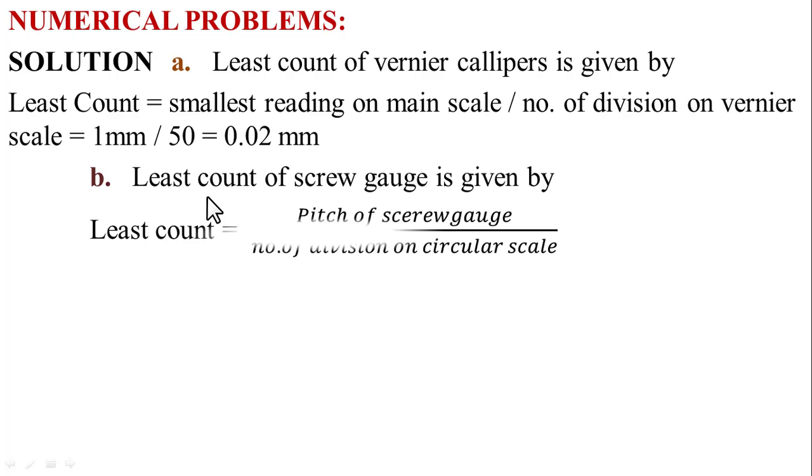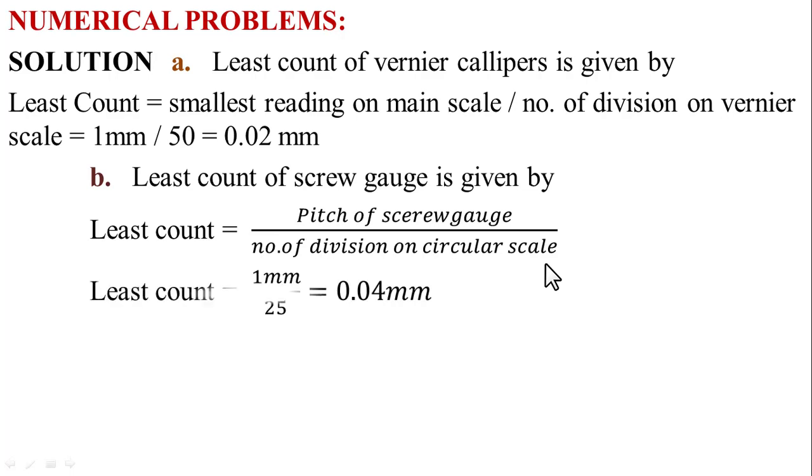Similarly, we can find the least count of the screw gauge according to the given data. Now we know that the least count of the screw gauge is equal to the pitch of the screw gauge divided by the number of divisions on the circular scale. Putting the values, least count is equal to 1 millimeter pitch of the screw gauge divided by 25 divisions on the circular scale.